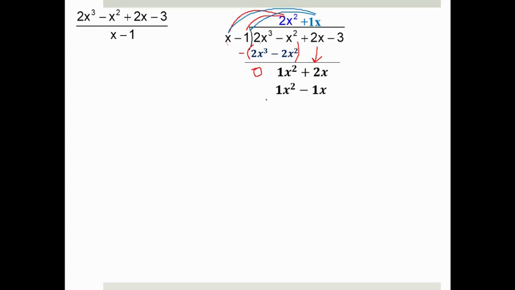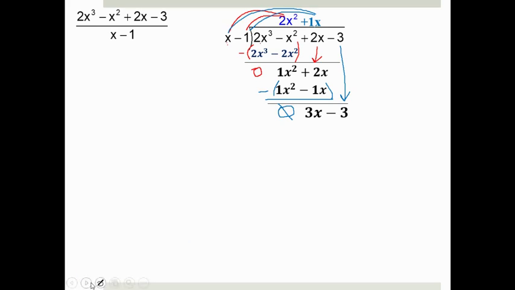So I'm going to subtract like before, and that gives me an answer of 0. And then 2x minus negative 1x is 3x, and then negative 3 gets brought down after that.